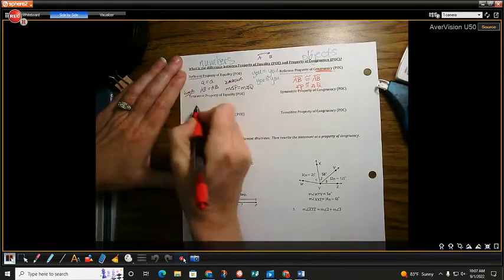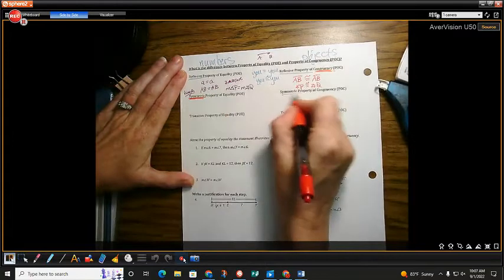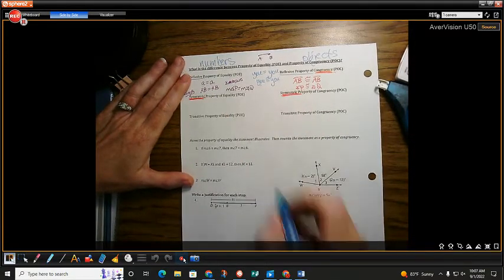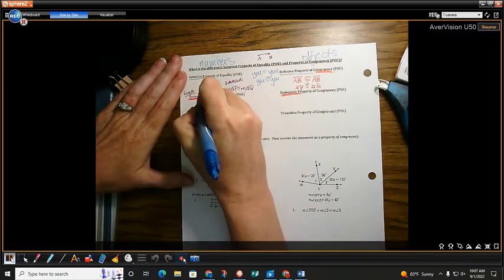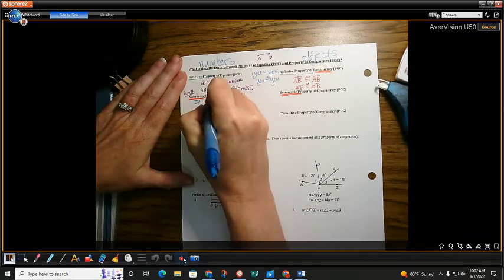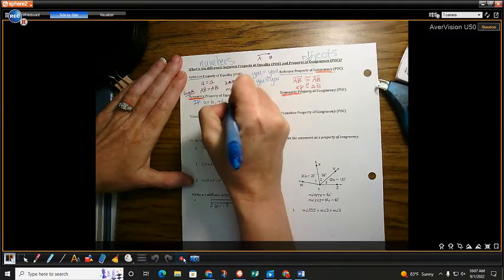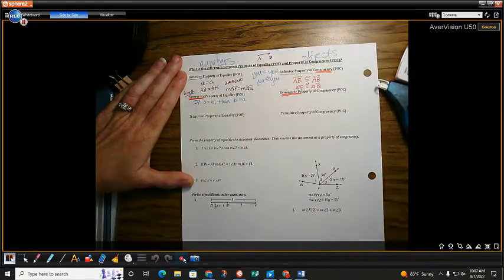Okay, so the symmetric property now can go with these. Symmetric property says if two things are equal, you can write them in either order. So for a plain old number, you could say if A equals B, then B could equal A. They're the same no matter which one you write first.